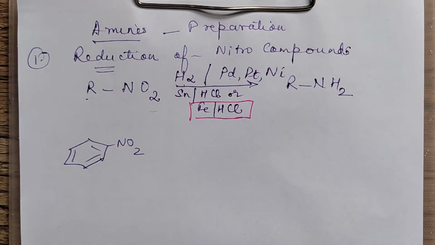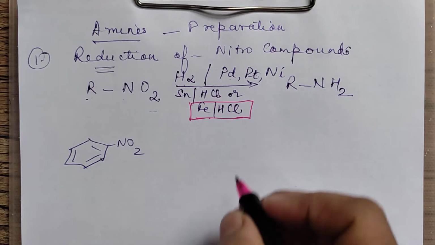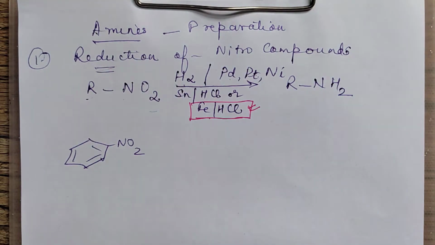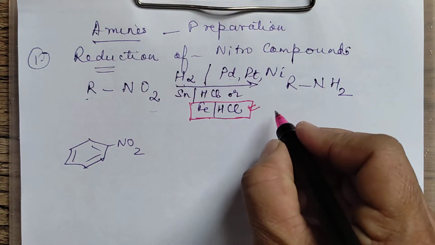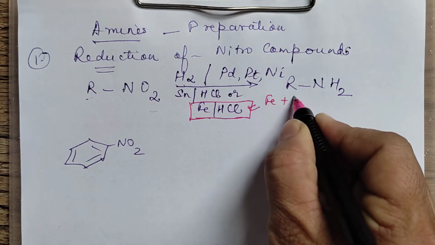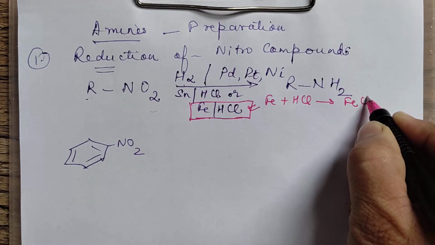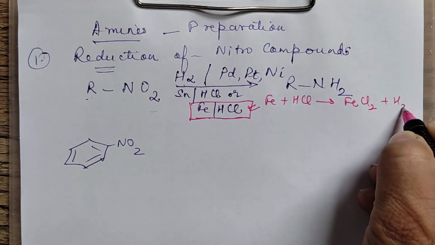Now here there is a recent question asked that Fe/HCl is a preferred catalyst. Why is it so? This is a recent question asked, children. Please write down. What happens is Fe and HCl react and result in the formation of FeCl2 plus H2.